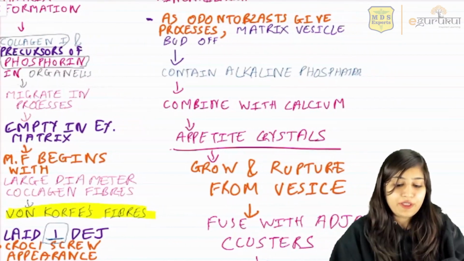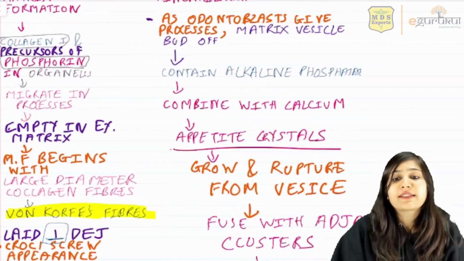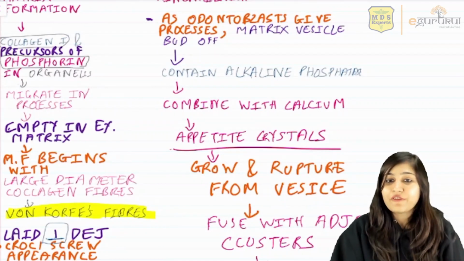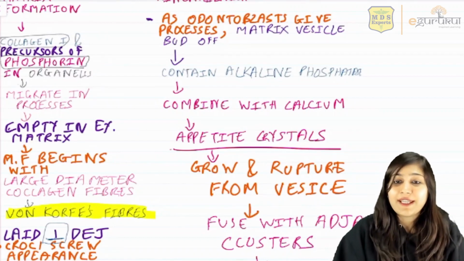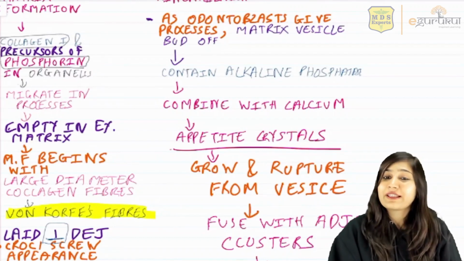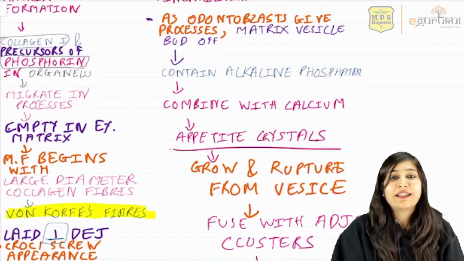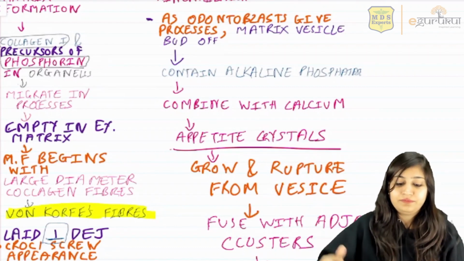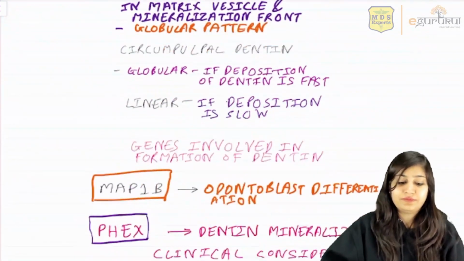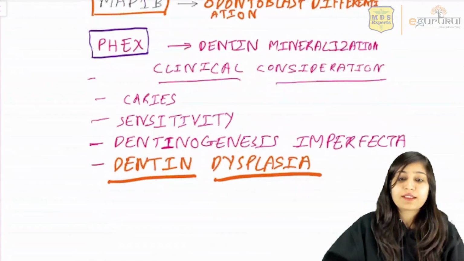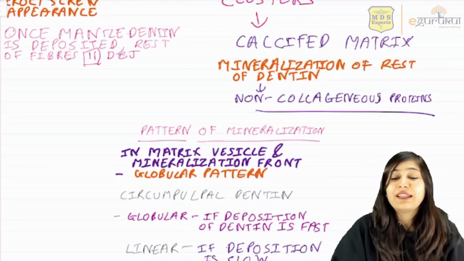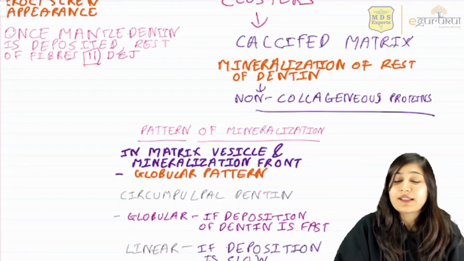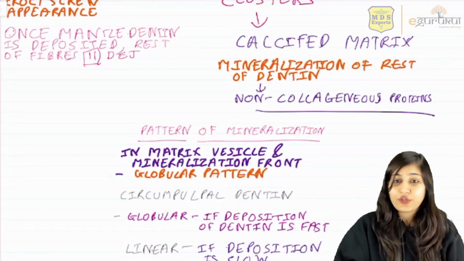We have completed with dentin. Dentinogenesis, dentin formation, types of dentin, and fibers of dentin. Physical and chemical properties of dentin, as well as its clinical consideration. Theories of dentin sensitivity were direct neural stimulation theory, transduction theory, and fluid or hydrodynamic theory.